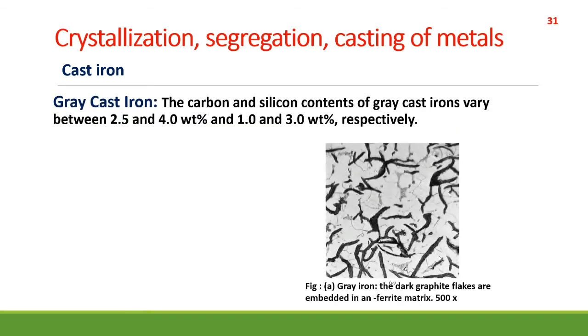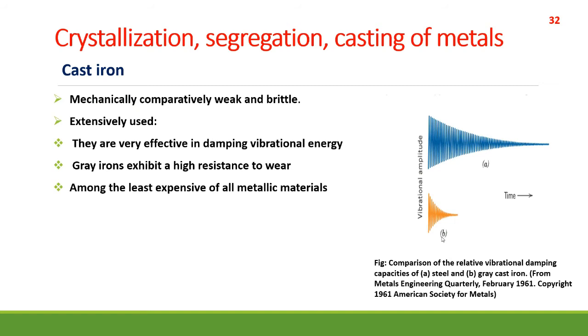If you see here, the tips of these graphite flakes are sharp and pointed and may serve as points of stress concentration when an external tensile stress is applied, and this makes the system behave mechanically the way it does. On the other hand, the strength and ductility are much higher under compressive load. And okay, but the thing is that it is extensively used.